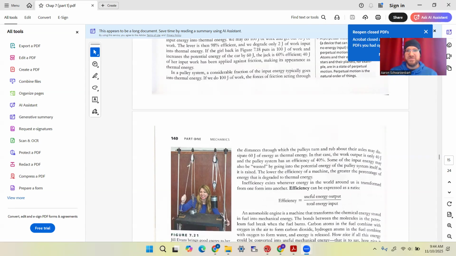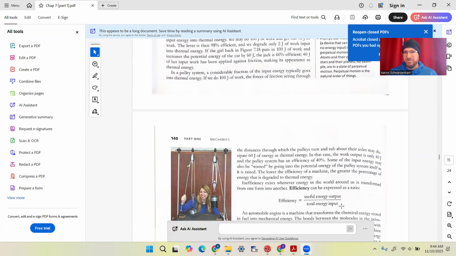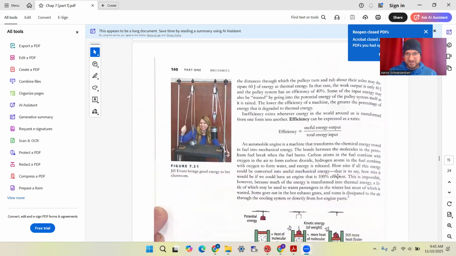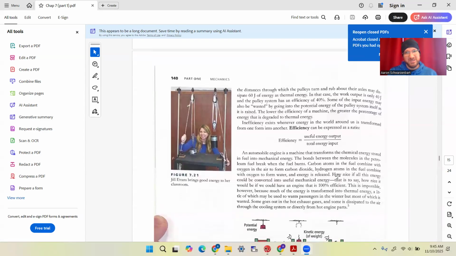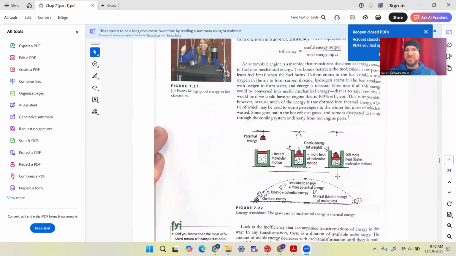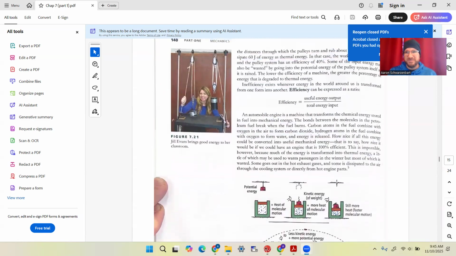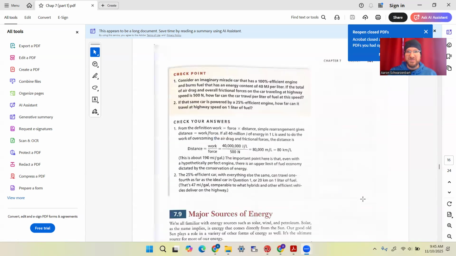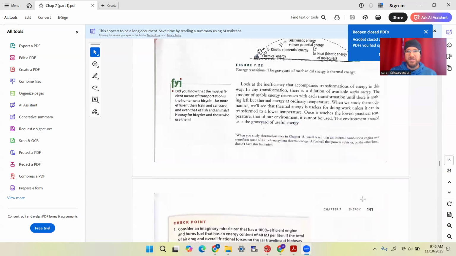So for a perfectly efficient machine, the efficiency is 100% or 1. I can never be more than 100%. I can never get more energy output than I got input. That violates some of the laws of energy. Lots of things, though, are not nearly 100%. For instance, cars: a really efficient car is like 40%. You only actually get 40% of the usefulness out of the fuel.